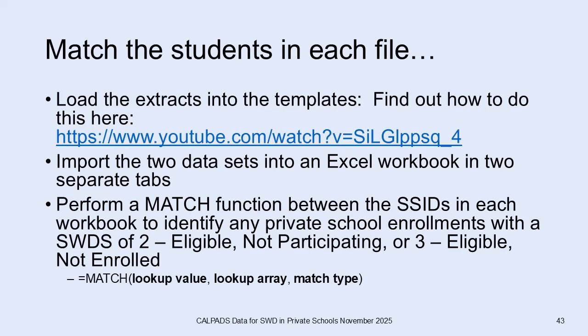And here's where you're going to do a match. You want to look for the same SSIDs for those private schools to determine whether or not they count for purposes of proportionate share. Now, what you will notice on this slide is that I'm asking you to look also for kids with a status of 3, eligible, not enrolled, even though earlier I said don't use that status.